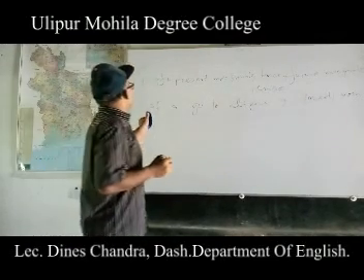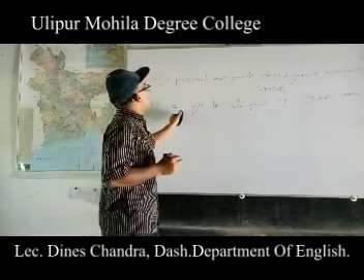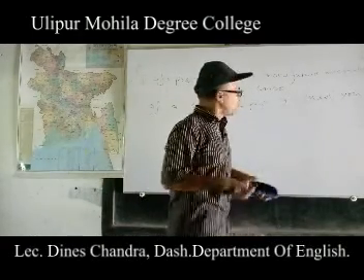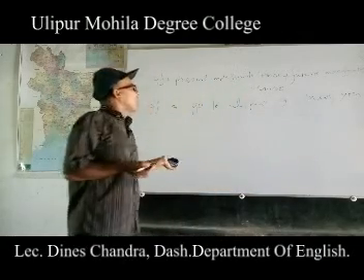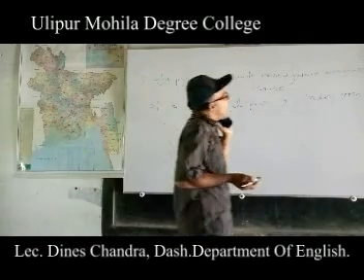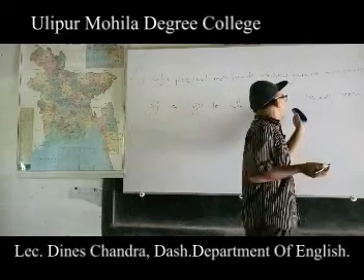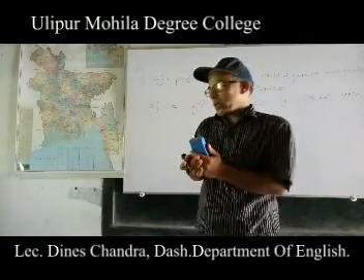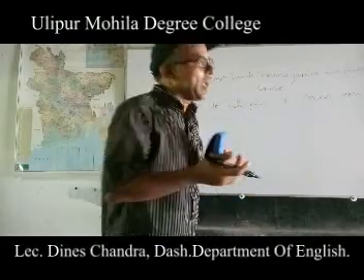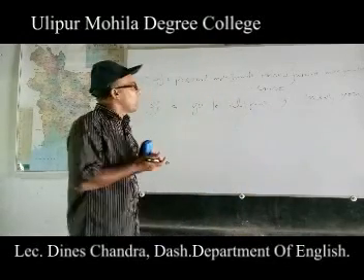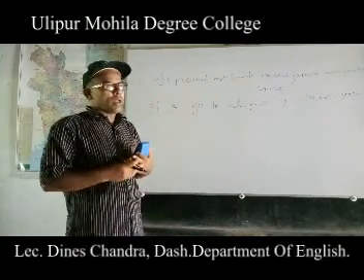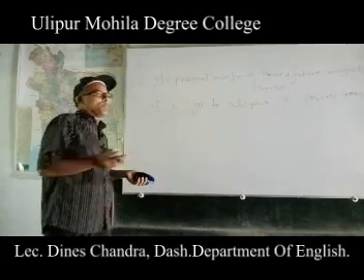Here you see that after if there is given I go to Ulipur, this is present indefinite tense. After it must be future indefinite tense. So next part of it will be future indefinite tense. According to the subject, you have to add a shall or will after the subject, and after shall, will, you must use present form of verb.